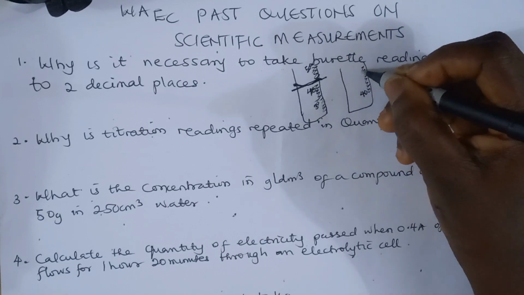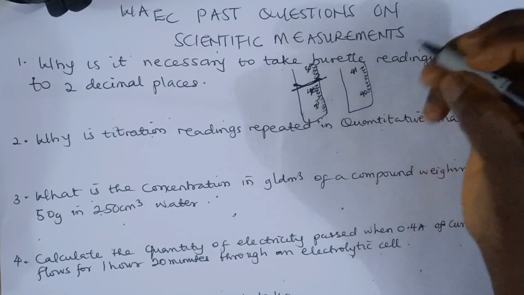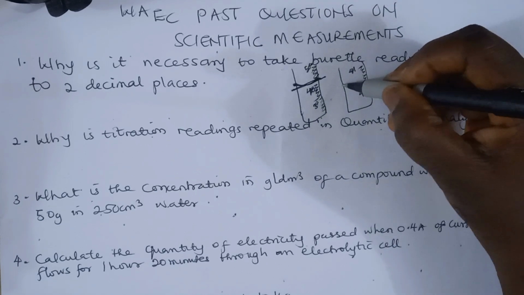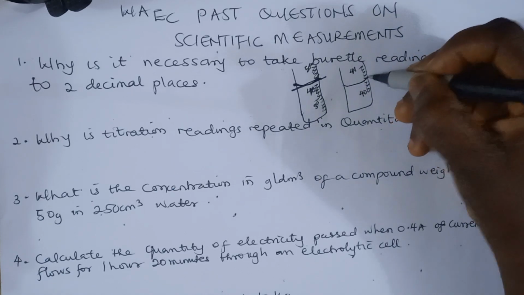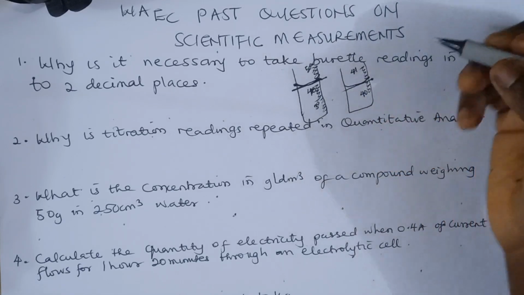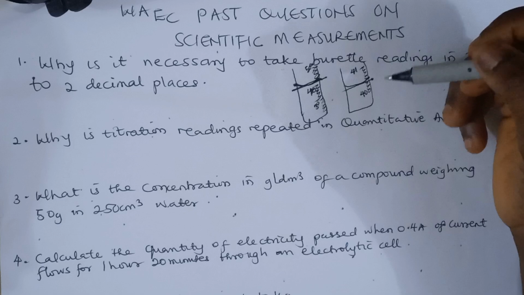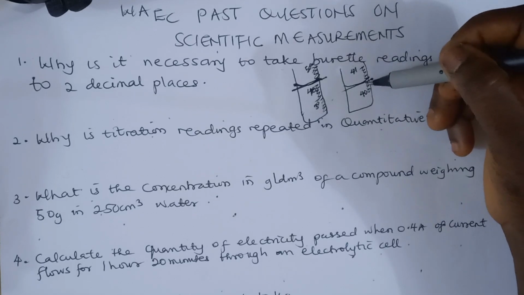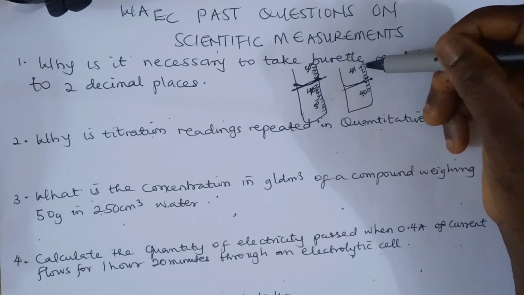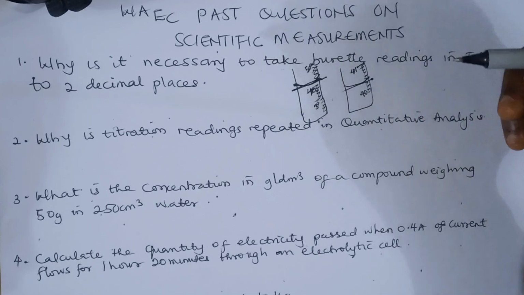Let's say this is 40, this is 41. After carrying out the practical, let's assume the lower meniscus is found here. So this is like 40.1, 0.2, 0.3, 0.4, 5, 6, 7, 8, 9, 10 before we get to this point.